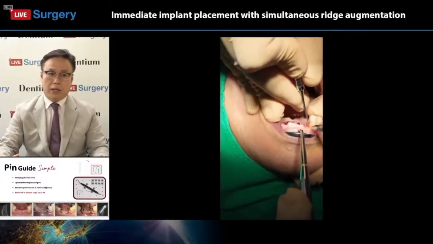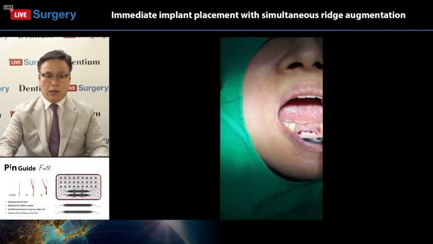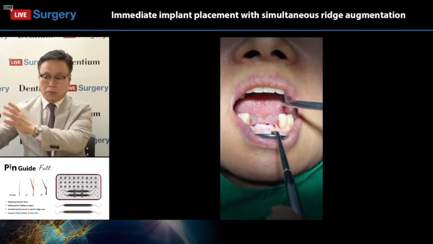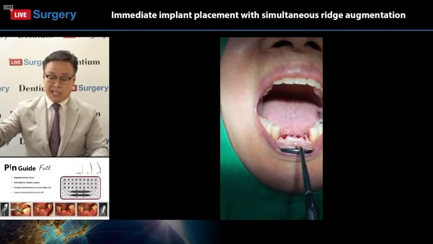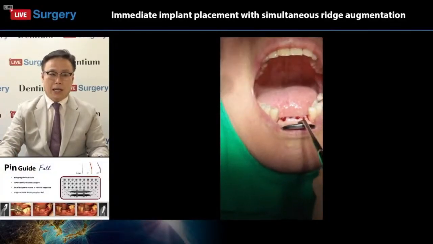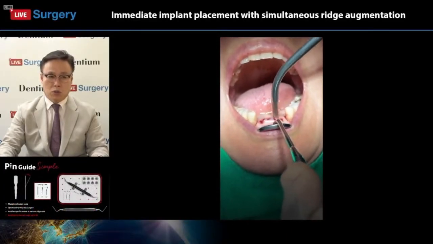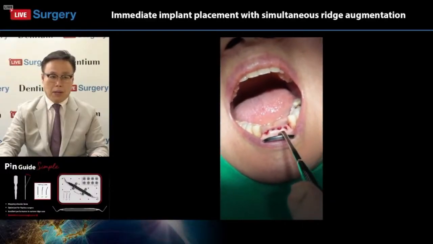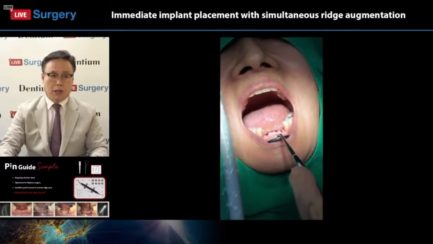The failure rate increased, and the bone contact was significantly lower than in the other group. The other group means implant placement next to adjacent teeth whose root surface is clean. So cleaning the root surface and removing the biofilm from the adjacent tooth is a very important procedure. So I spend about 5 minutes on the root planing, and now we are ready.